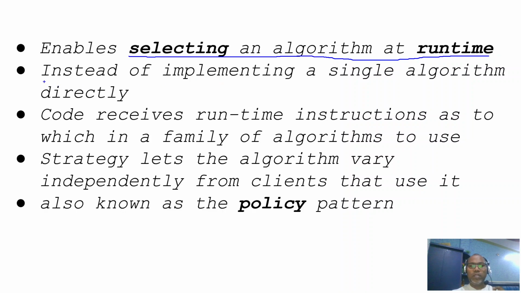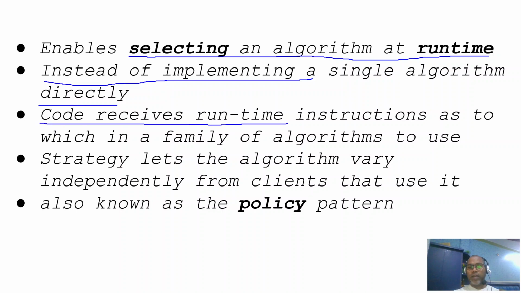So instead of implementing a single algorithm directly in the code where it is needed, the strategy pattern says the code receives the strategy at runtime, as an instruction as to which algorithm in a family of algorithms to use. Say you have policy 1, policy 2, policy 3, and one of them can be used at runtime.